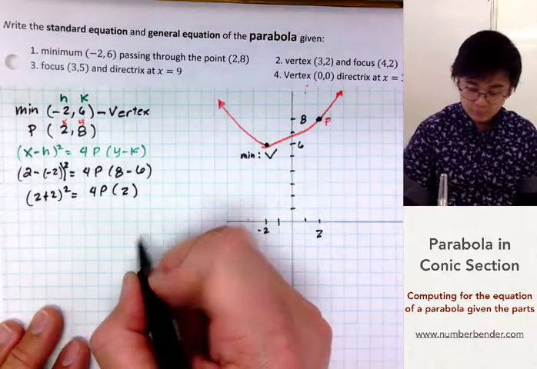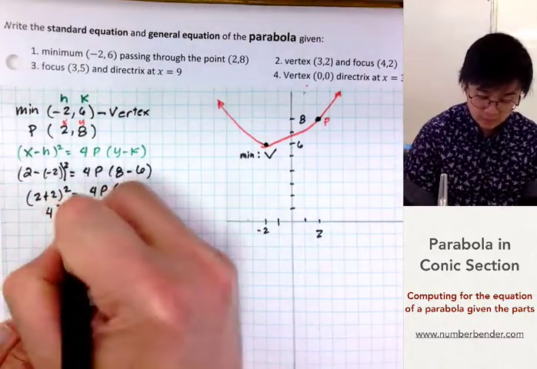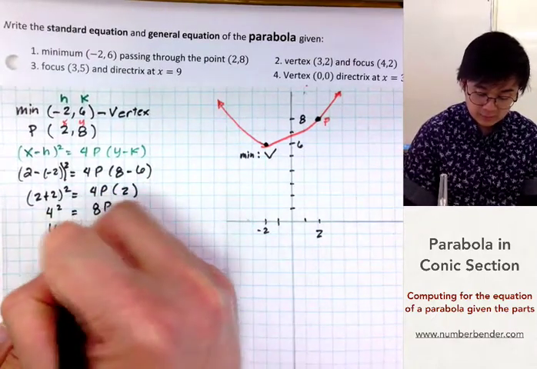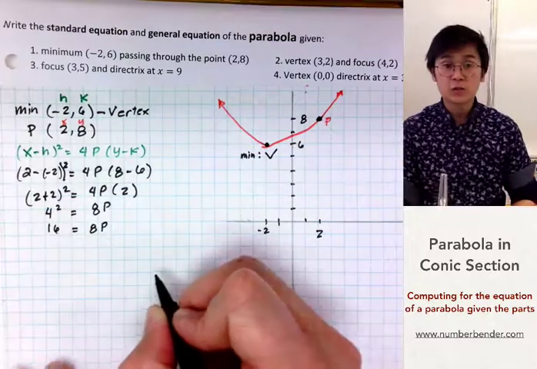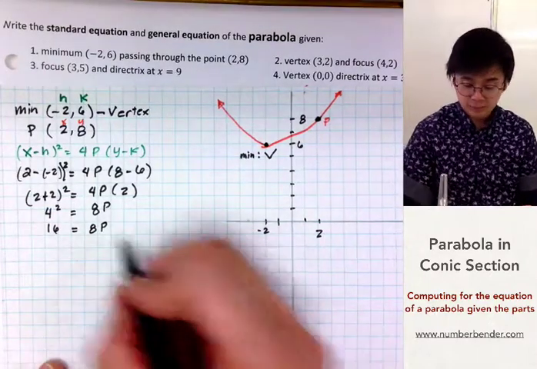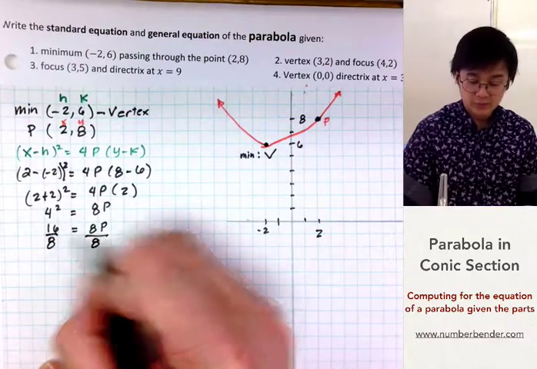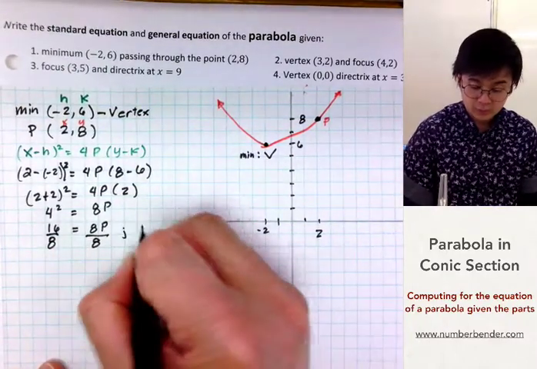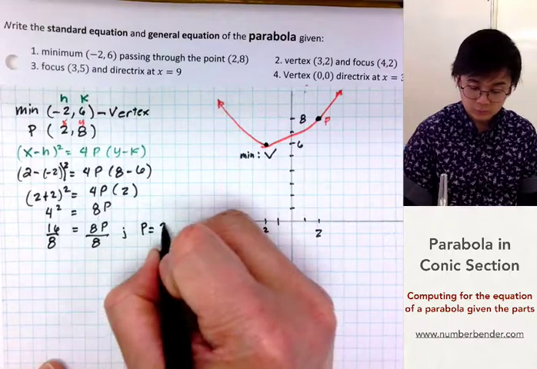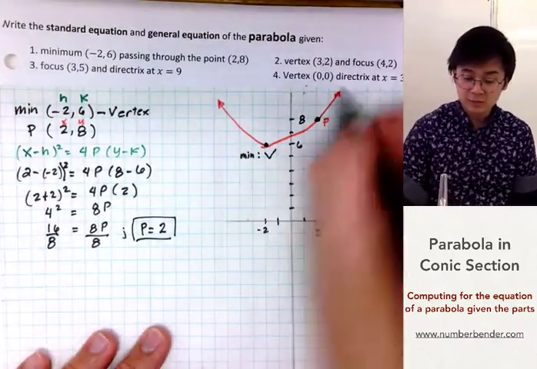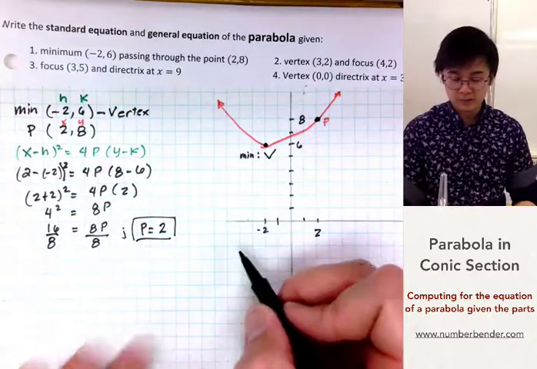So we'll end up with 4 squared equal to 8p, and 16 is equal to 8p. So from here, we'll be able to find the value of p, which is 2, because 16 divided by 8 is 2. So p is equal to 2. And you know that your p is positive because the parabola is opening upwards.